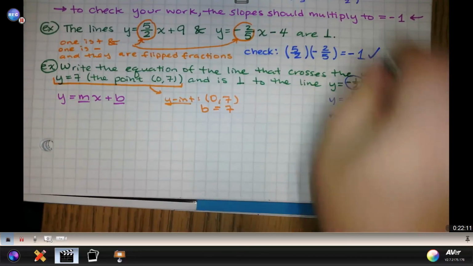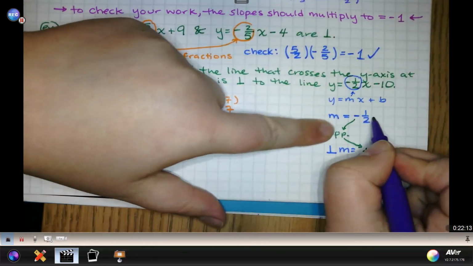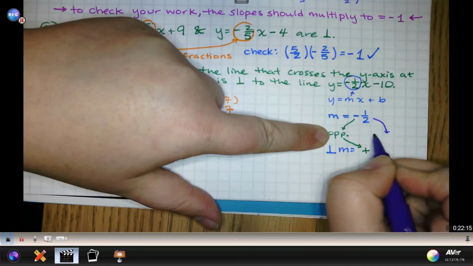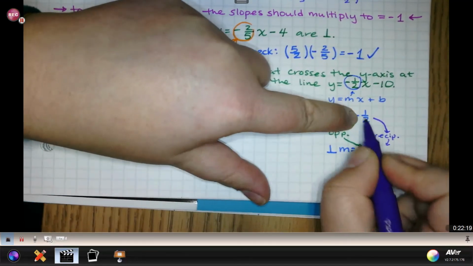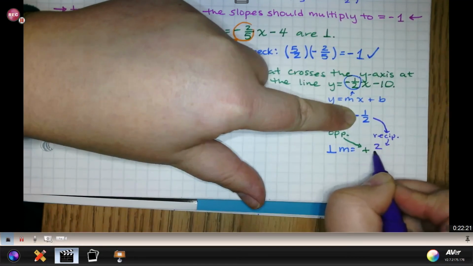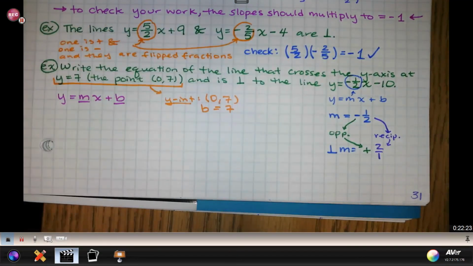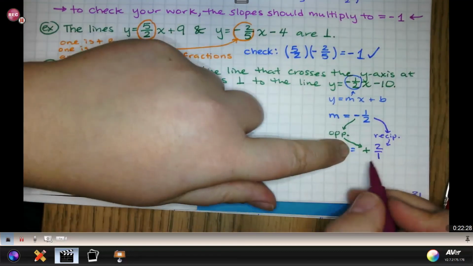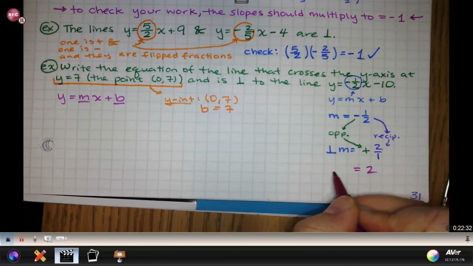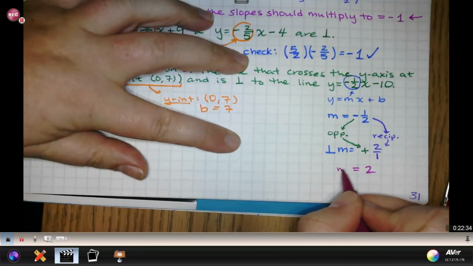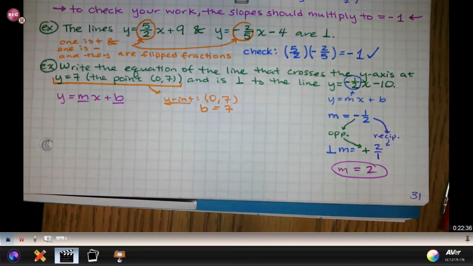And then reciprocal, I'm going to abbreviate to recip, means to flip this fraction. So it's 1 over 2, so I'm going to make it 2 over 1. Okay, but I can make that a little simpler. We don't always have to write the plus sign, and 2 over 1 is just 2. So now I know that my slope that I need to use is 2.